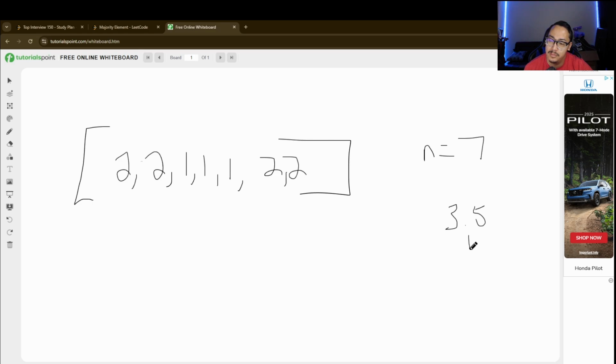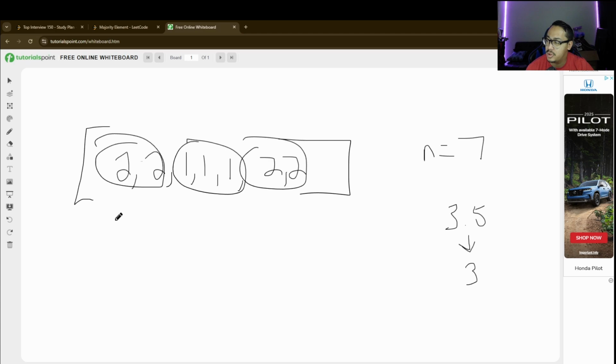Let's round down to 3. So the third index would essentially be the answer, of what the majority element is, I should say. But that only works if we rearrange this array so that these 1s are together, which they are now, but these 2s are not together.